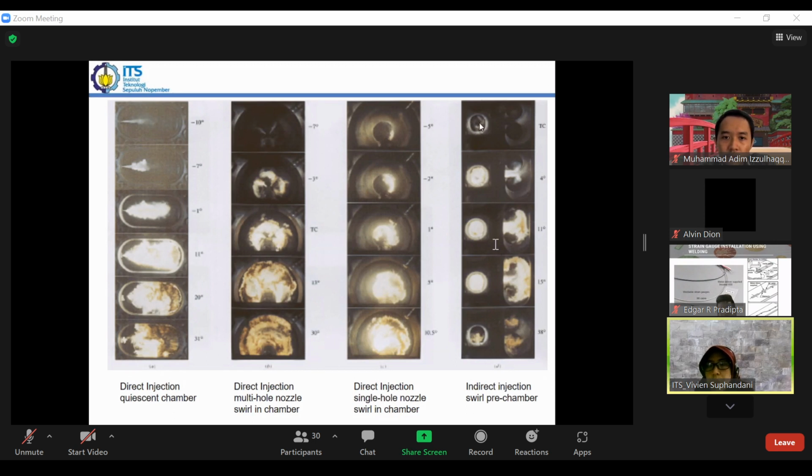So what happens here is that when we have a pre-chamber, it means that the fuel is not directly injected there, but it will be injected in the pre-chamber, and then it will go through a sort of nozzle or orifice. Then it will already have swirl, and then it will be released to the combustion chamber. And what is the function of the glow plug?